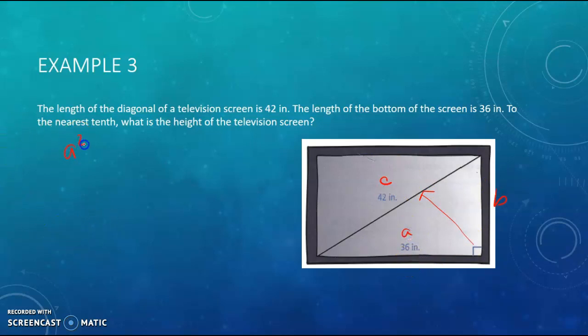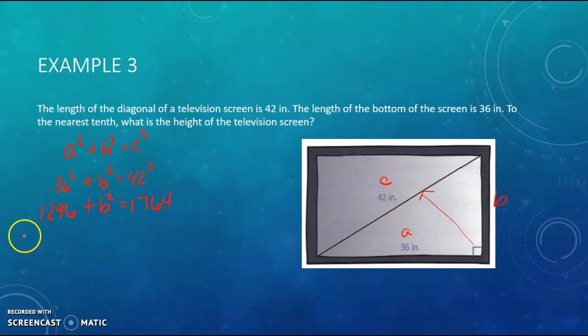So plugging into a squared plus b squared equals c squared, I'm going to get 36 squared plus b squared equals 42 squared. 36 squared is 1,296 plus b squared equals, and then 42 squared is 1,764.